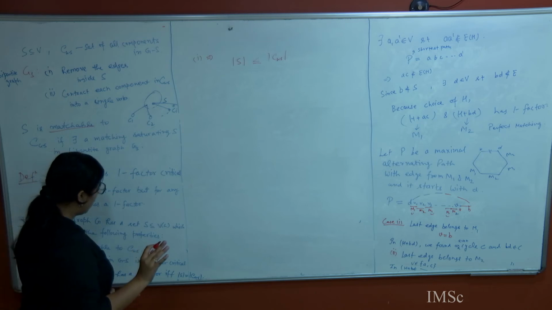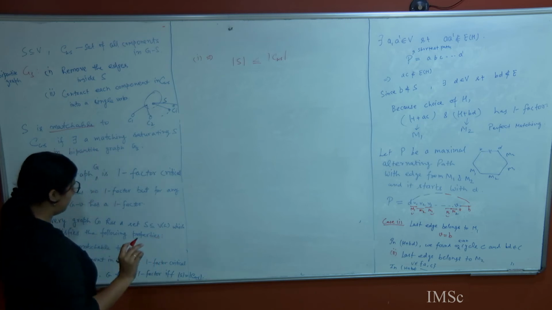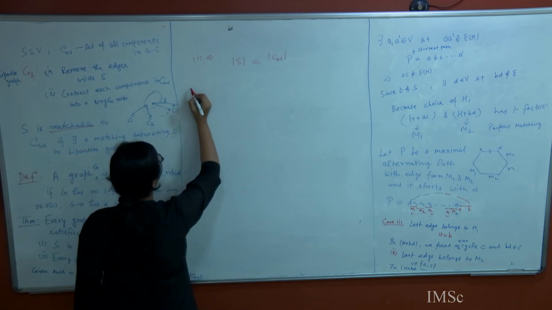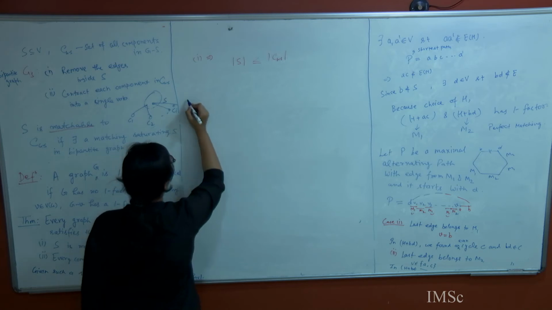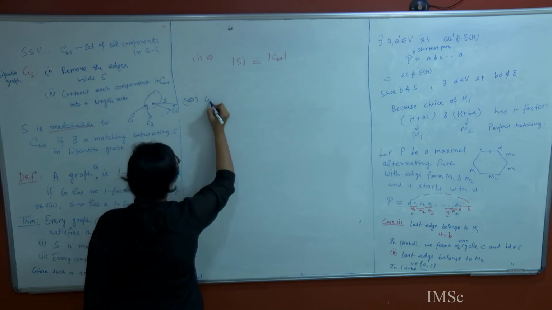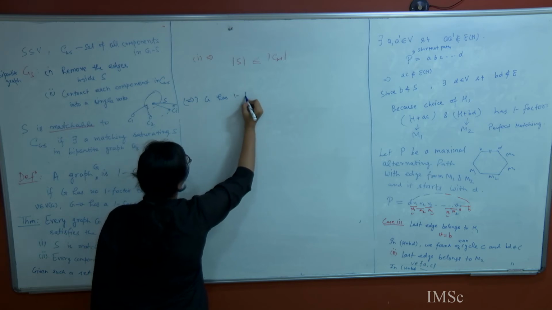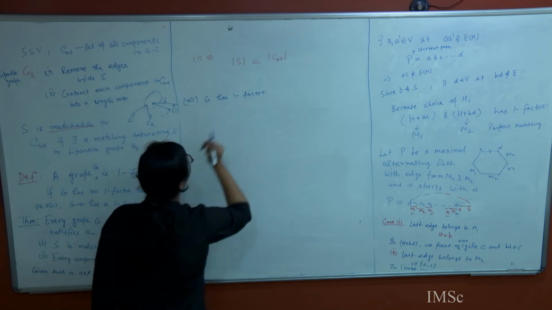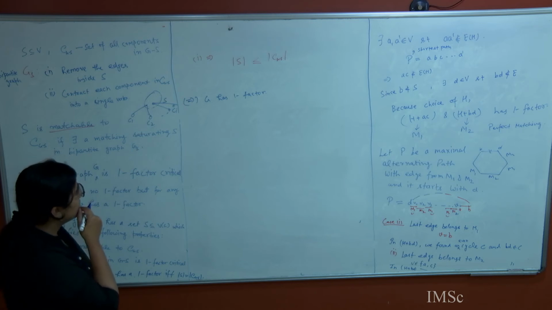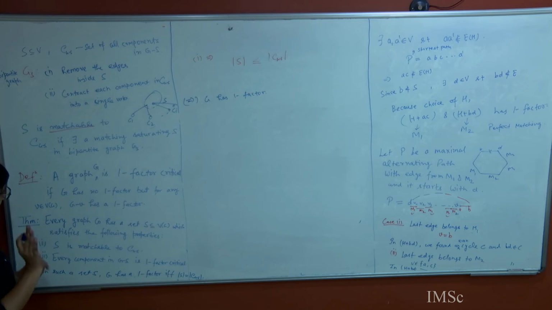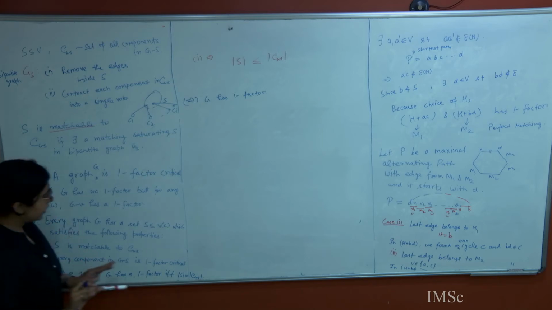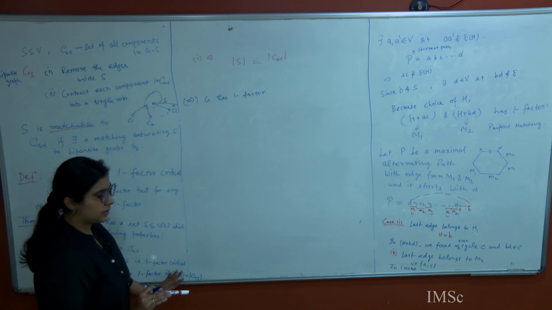Now, if G has a one factor, just to simplify, let us first look at these two properties, since we are given this set S. What does it imply?